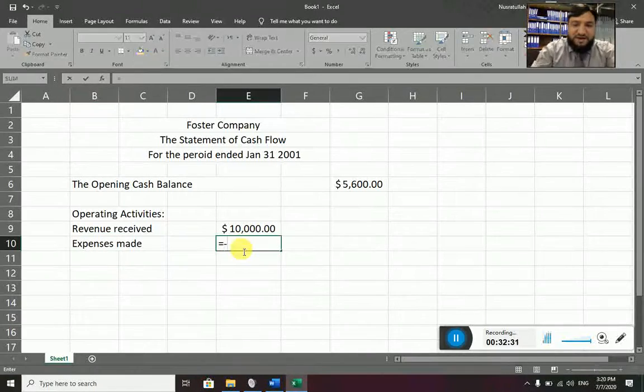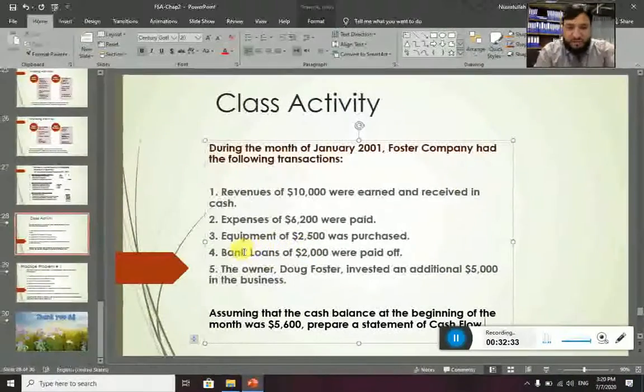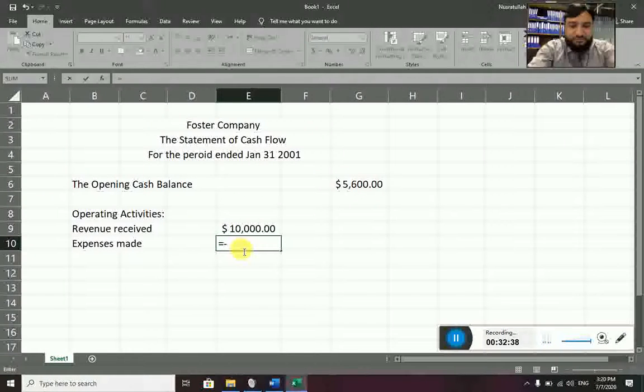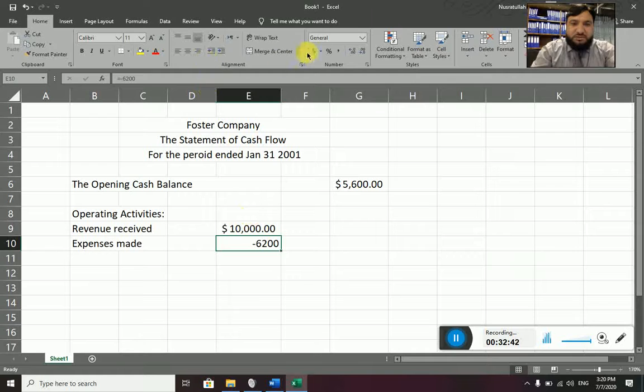We have to put it as a negative figure because it's an outflow: 6,200. All right, so it's in dollars. That's all.